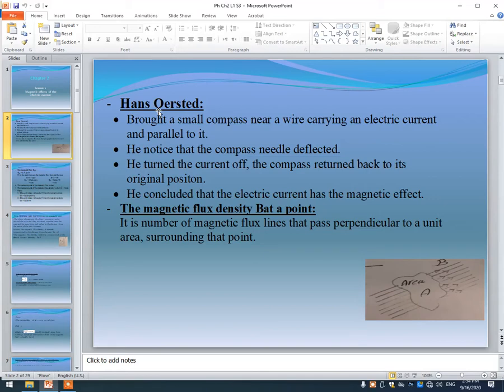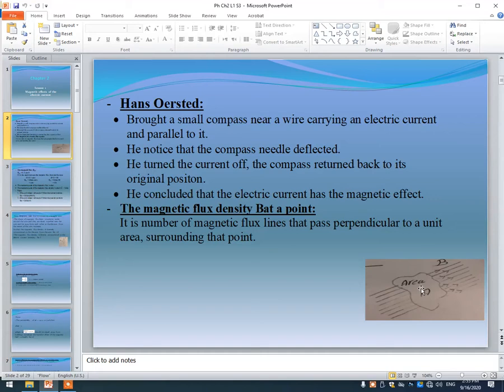He brought a copper wire, as you see in front of you. This copper wire is, of course, a good conductor of electricity. So by passing the electric current, what will happen to the area around this wire?